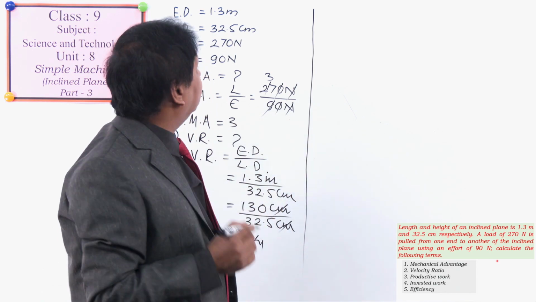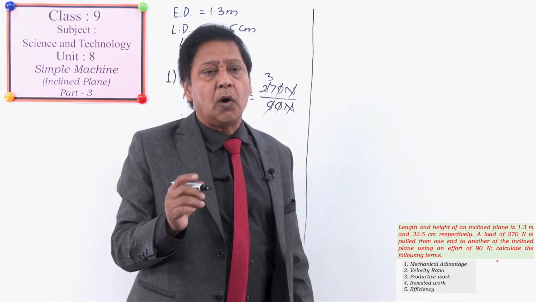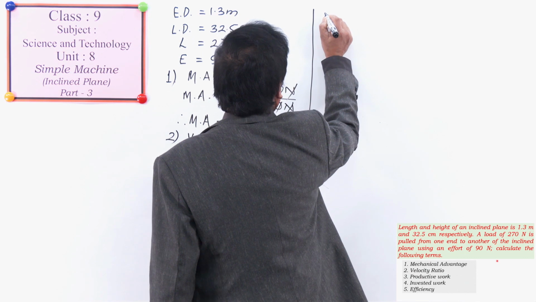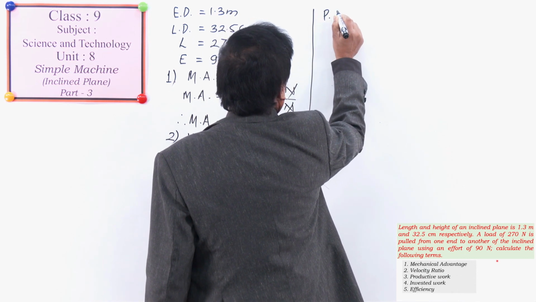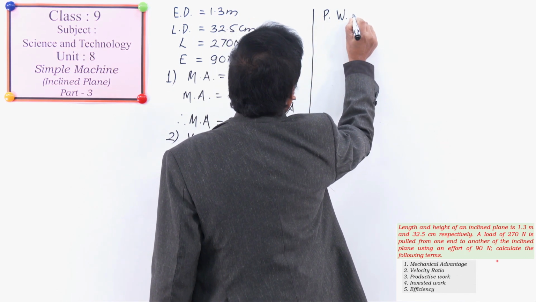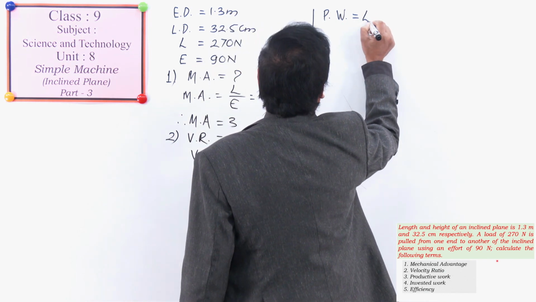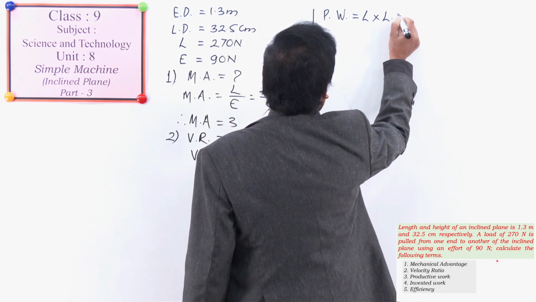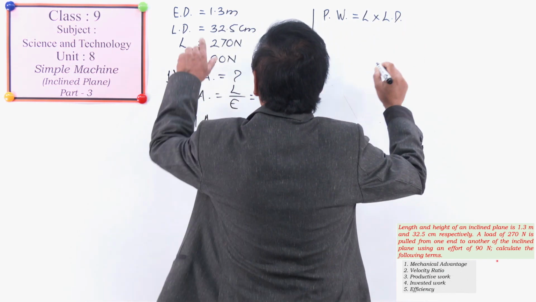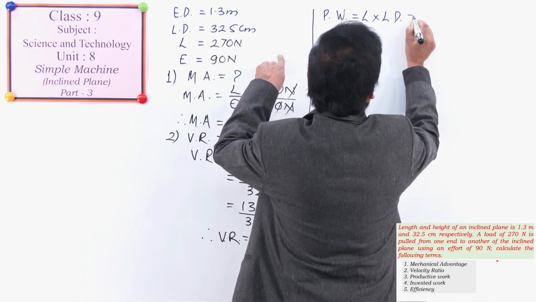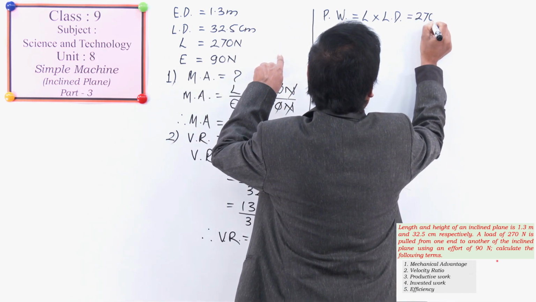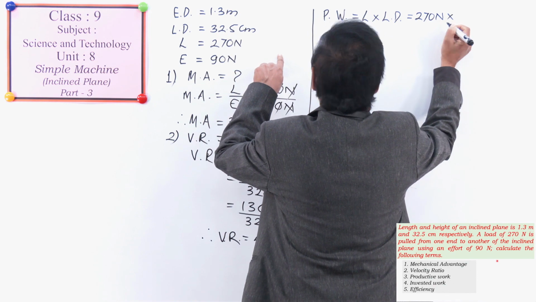Third is productive work. What is it? Productive work means work output. I am writing thirdly, productive work. It means work output. Work output is equal to load into load distance. And what is the load? 270 Newton. 270 Newton into load distance.